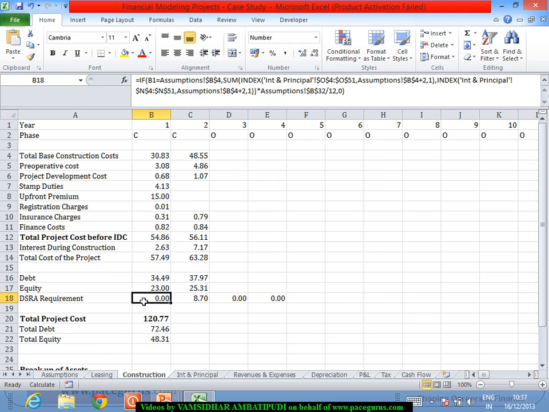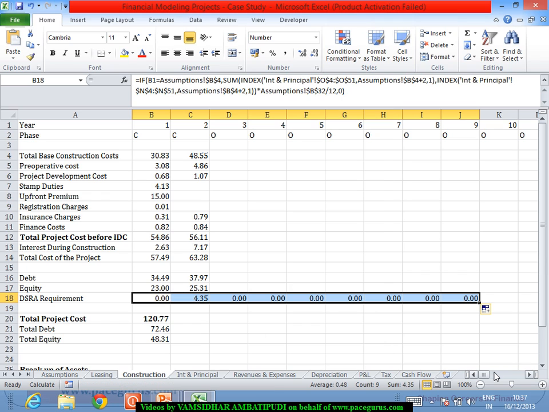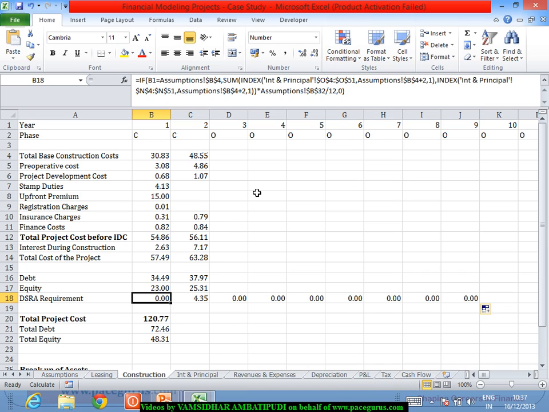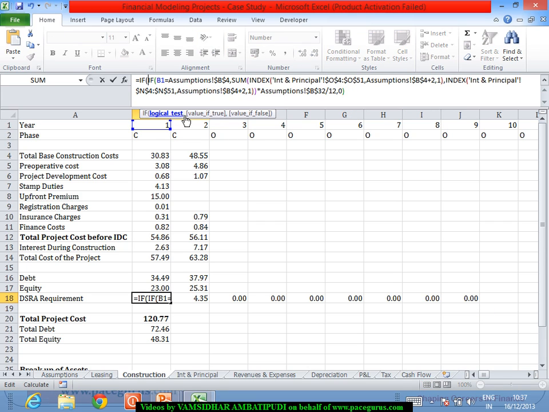Now when I go ahead with this part, it's even working out that for this first year the DSRA requirement is something like this, and probably I can even now bring up one more thing on the top of this, saying if this equal to C only, this is applicable.